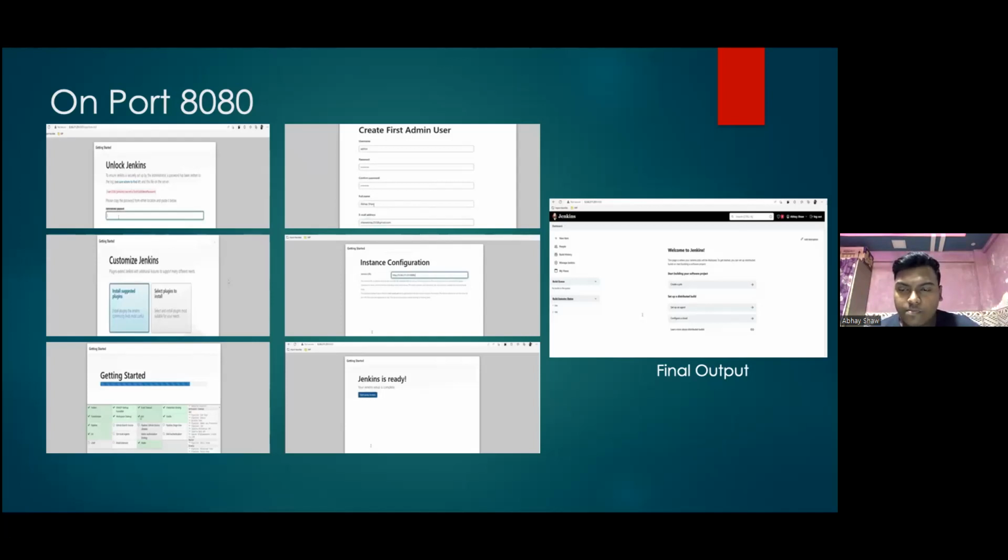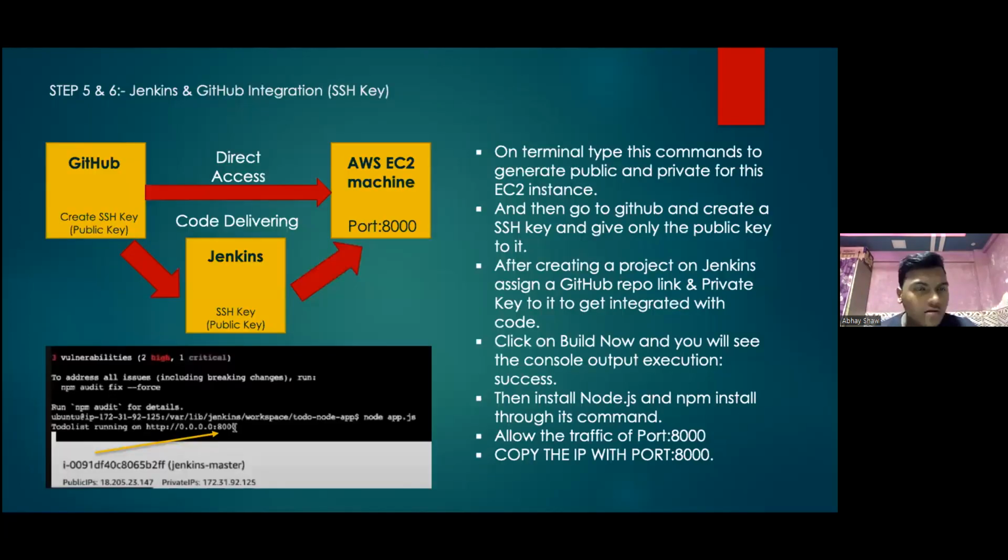make a project. And then the second part is to integrate the code, like the GitHub. To integrate Jenkins and GitHub, we will go through the SSH key. To generate the SSH key, you'll need to type one command like ssh-keygen and some code to generate a public key and the private key.